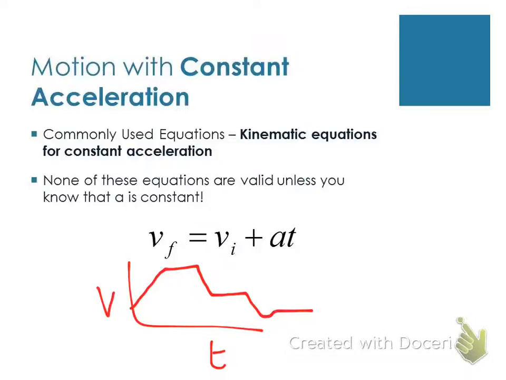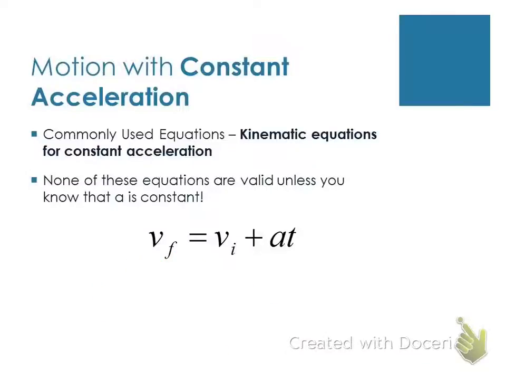We're speeding up, then we're slowing down, then we're staying constant, then we're doing this. We would have to look at each of these time periods individually if we're trying to do these calculations. We can't look at the object as a whole because there's too much variance in our motion. We want constant acceleration for these equations to work. Does that make sense? Okay.